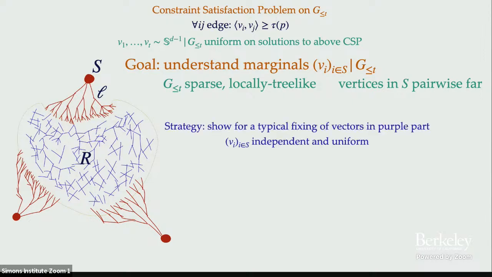Now we consider any typical, nice assignment to all the vertices in the middle bulk here. We fix all their assignments, and look at the conditional distribution over all these S, basically the vectors assigned to all the vertices in S.